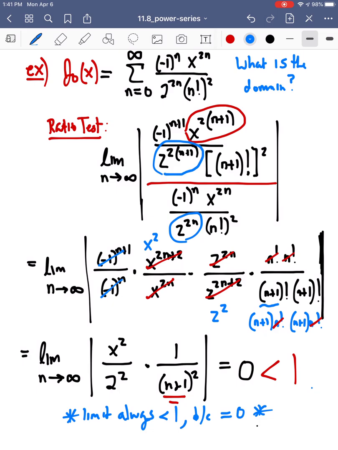So what this tells us is, well, it doesn't matter if I put in, say, x equals 1, x equals 736, x equals minus 10,037. Any x value is going to work and give us a convergent series because that ratio test limit is always equal to 0. So in this case, any x value works.